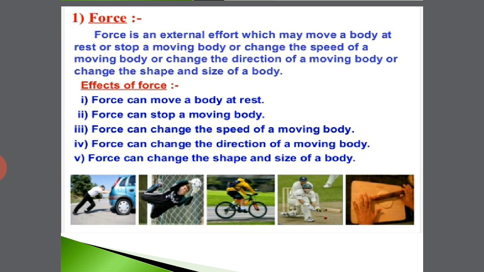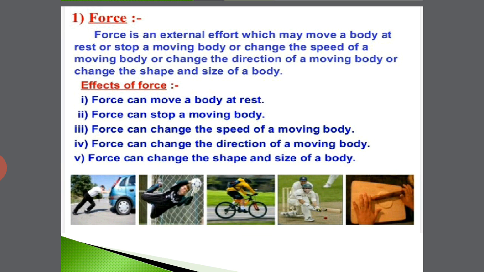You can see a bicycle rider can change the speed of the bicycle by applying the force. Force can change the direction of a moving body. You can see in the next pic, a cricket player with his bat can change the direction by applying the force on the ball.